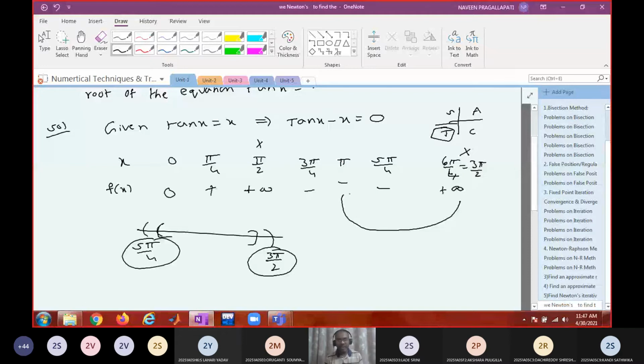This is a larger interval, so you may take more iterations. This is a smaller interval, so you may take fewer iterations. Either root lies between pi and 3 pi by 2, or between 5 pi by 4 and 3 pi by 2. Which one shall we take?